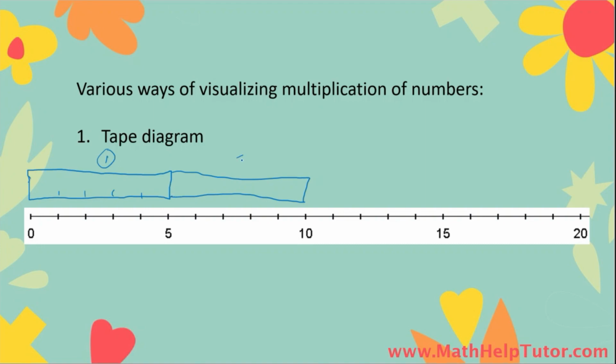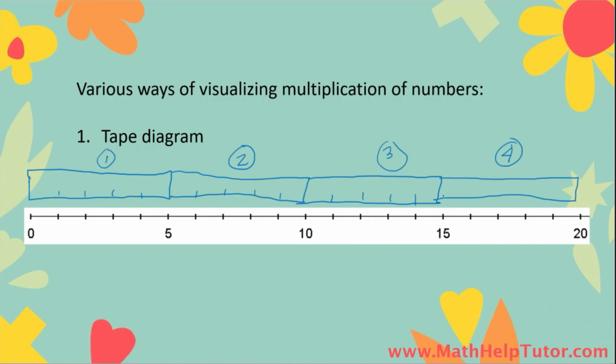You can see it's also 5 numbers long. That's 1, 2, 3, 4, 5. This is the third strip, also 5 numbers long. That's our third strip. And we have our fourth strip, also 5 numbers long. So here's a strip that is 5 numbers long multiplied 4 times.